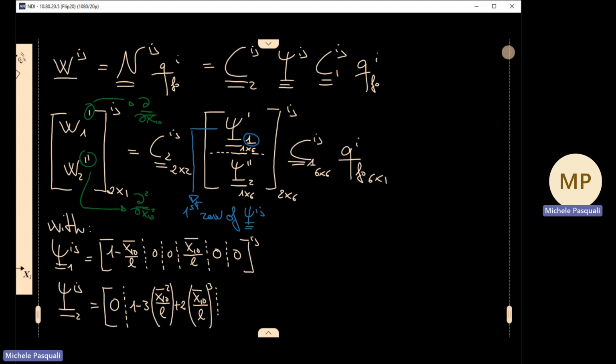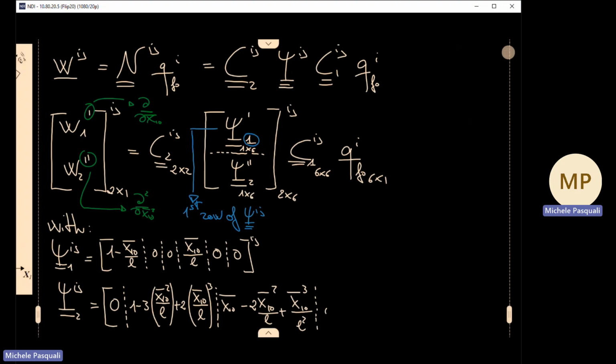So these are basically the same quantities that we wrote with xi, but then multiplying by L. So I'm making them explicit in x1, 0. And then we have x1, 0 minus 2 x1, 0 squared over L plus x1, 0 to the third divided by L squared, where L, of course, is the length of the element.